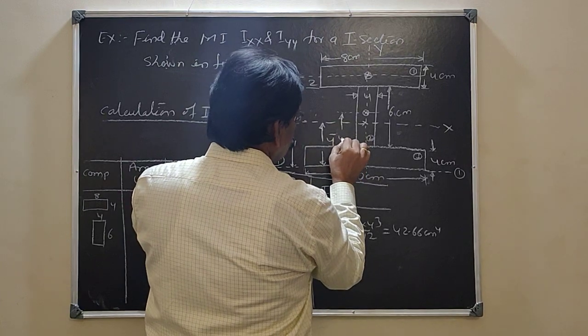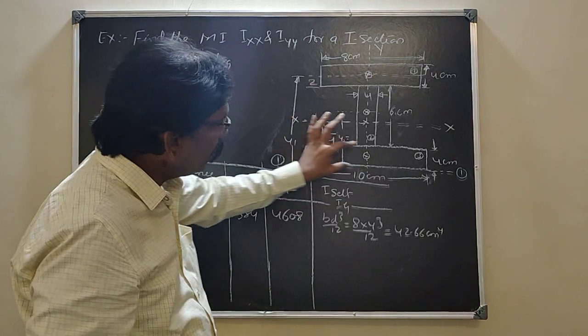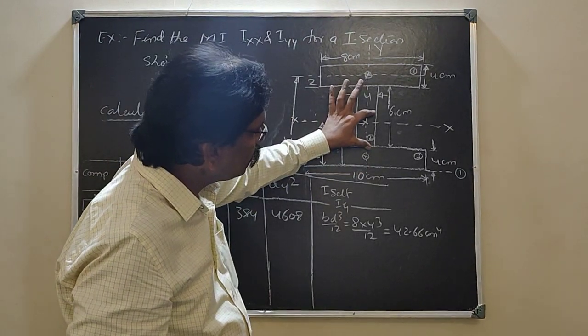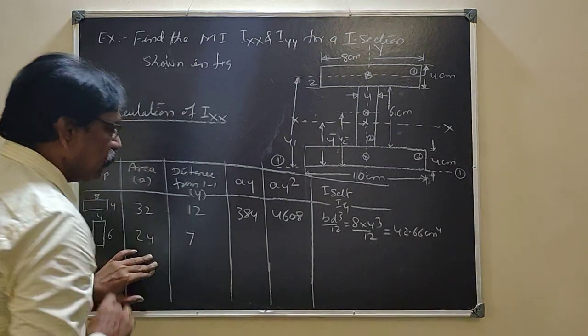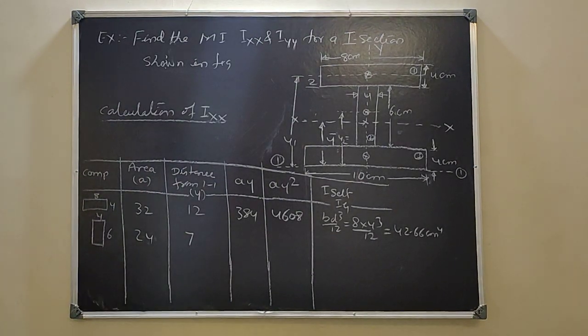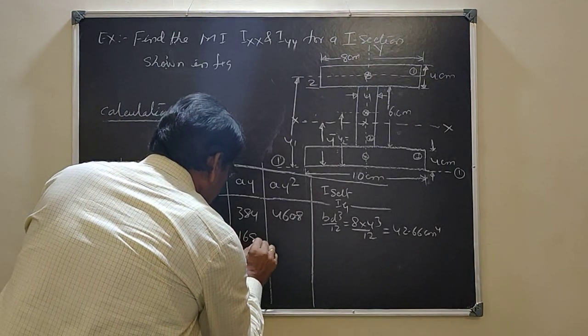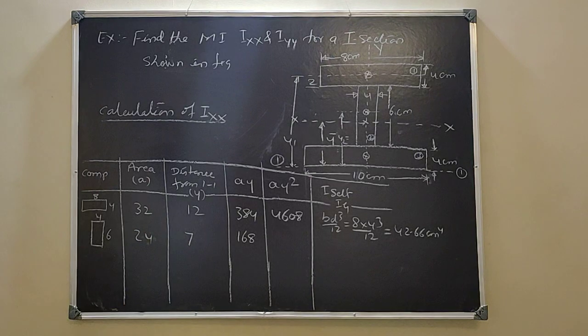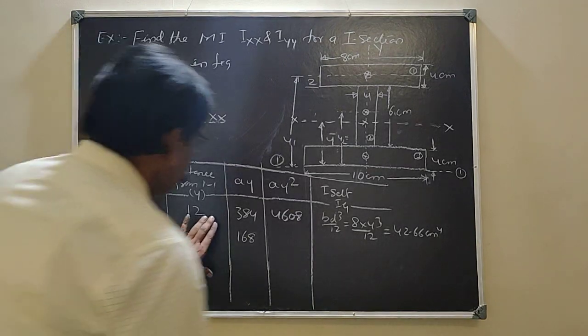So this is your y2, that is equal to 7 centimeter. That is 4 plus half of this depth, 3 centimeter, total 7 centimeter. When you multiply this, ay is equal to 168. And again if you multiply 168 by 7, you will get ay square, that is 1176.